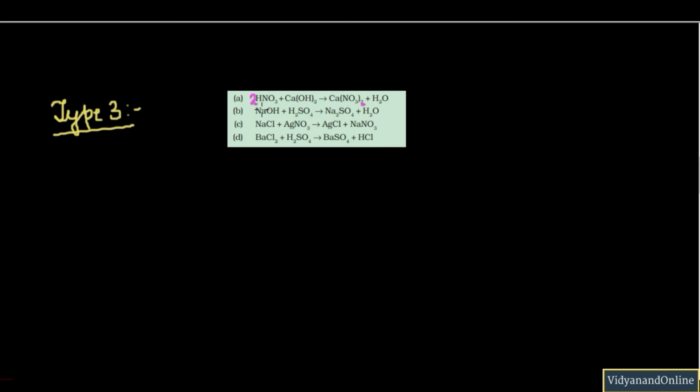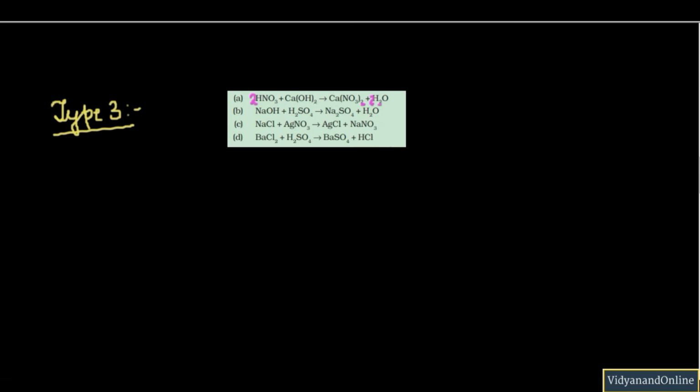Talking about hydrogen, it has 2 atoms here and 2 here, so it is not balanced yet. So if I put 2 here, hydrogen is balanced, it is H4, and oxygen is also balanced. This is how you are going to balance it.